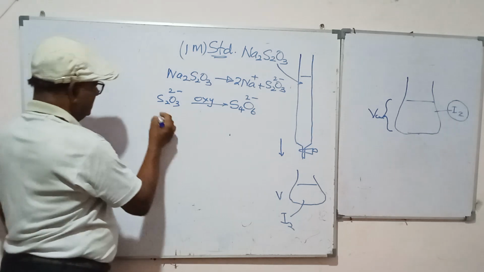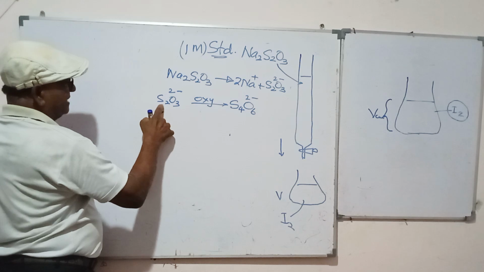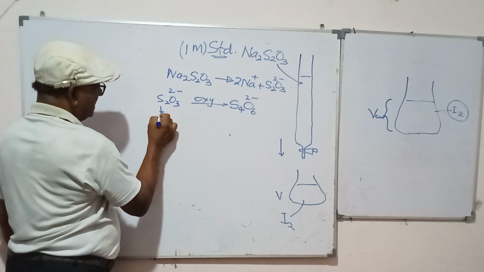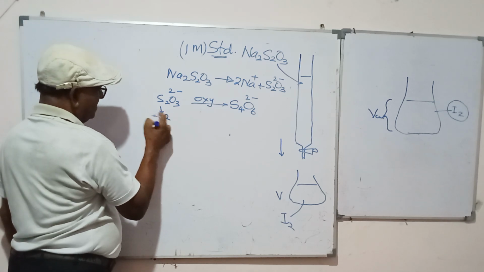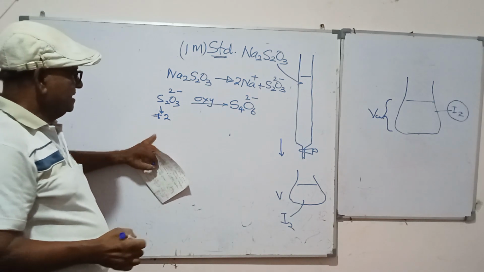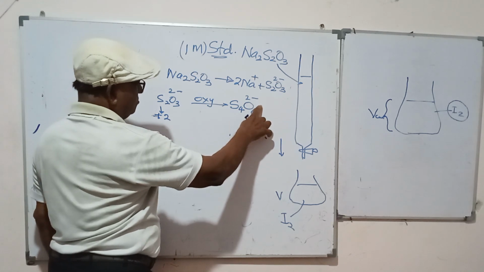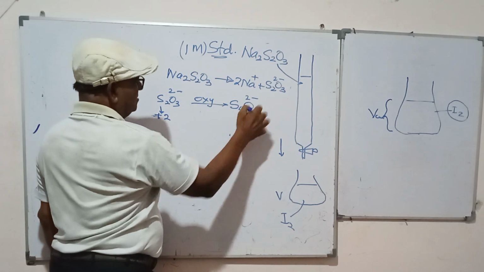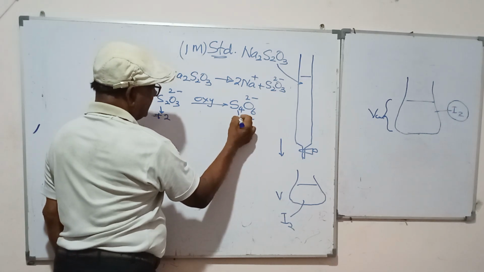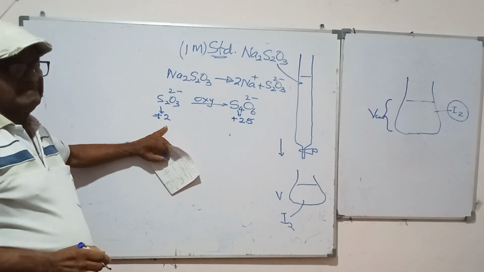We can find out the oxidation state of sulfur. Here 2x minus 6 equals minus 2, x equals plus 2. Sulfur is at the plus 2 oxidation state. Here 4x minus 12 equals minus 2, so the oxidation state of sulfur is plus 2.5. So it is an oxidation.